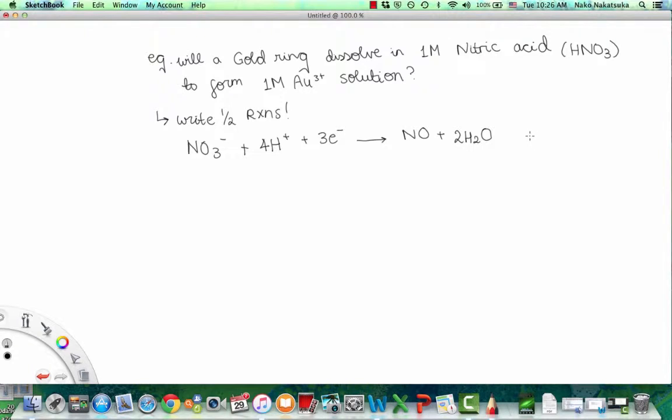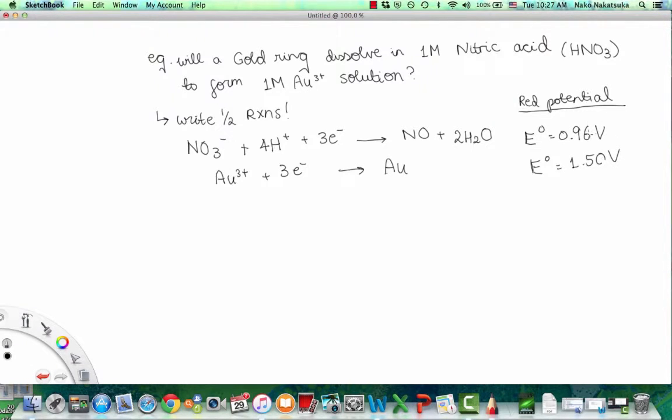And when we look in the reduction potential table, we find that the potential for this is going to be 0.96 volts. So this is the reduction potential found from the table at the back of your textbook or online. And then the other half reaction for gold being oxidized, but let's write it out as the reduction potential first, where we have Au3+ plus 3e- goes to Au, where the reduction potential is 1.50 volts.